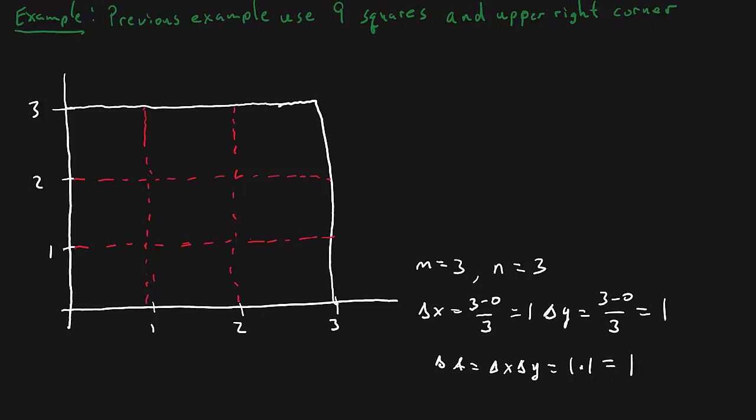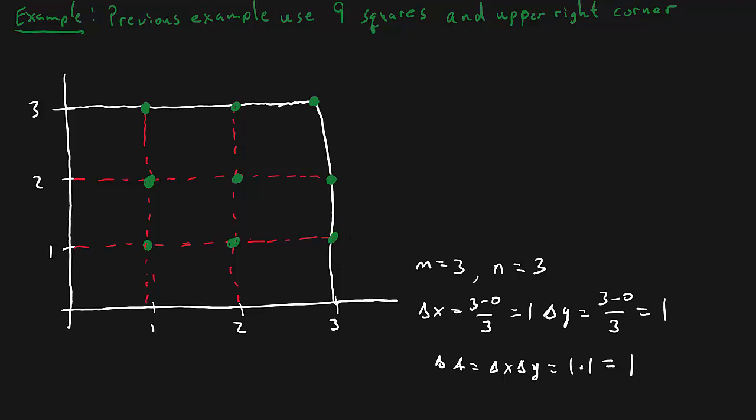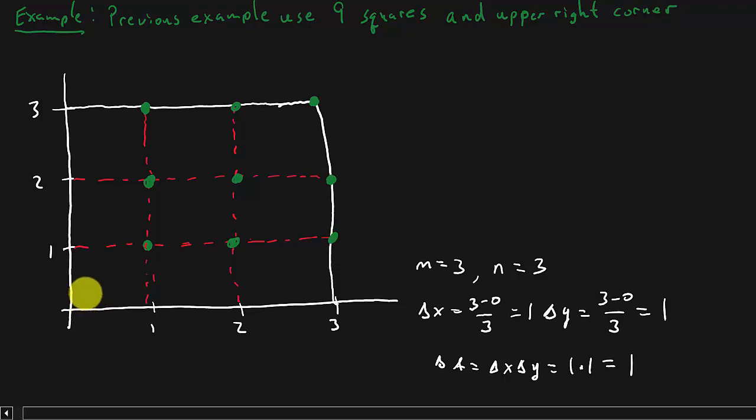All right, so they asked us to use upper right points, upper right corners. So here are our points right here that we're going to evaluate. Let me go ahead and label these.